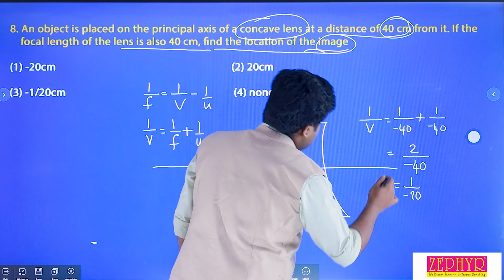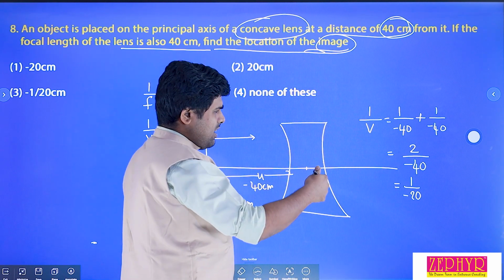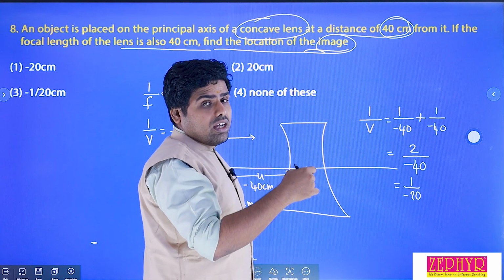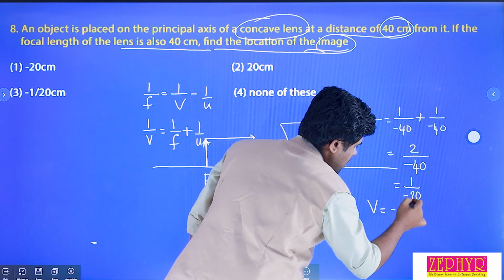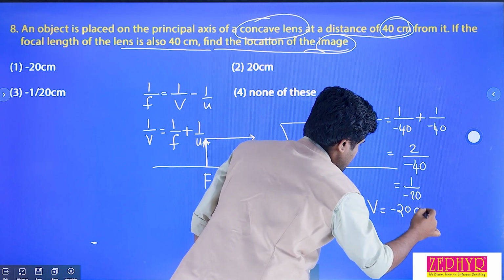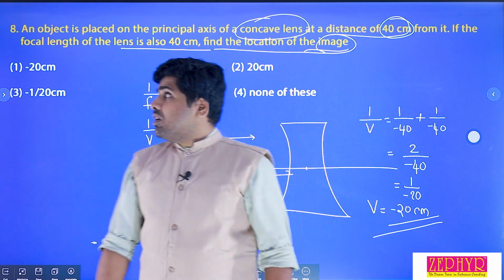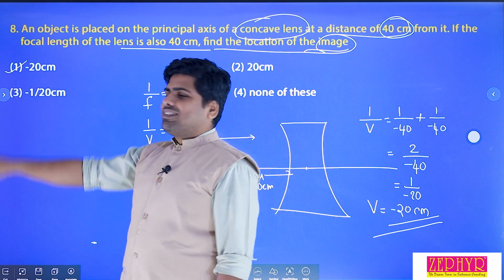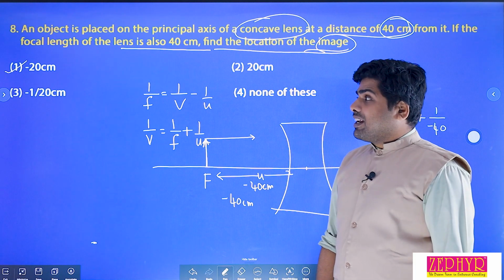Our question is the location of the image, that means we want the value of the image distance. So v is equal to minus 20. So the answer is minus 20 centimeter. So here option number 1 is the right answer.